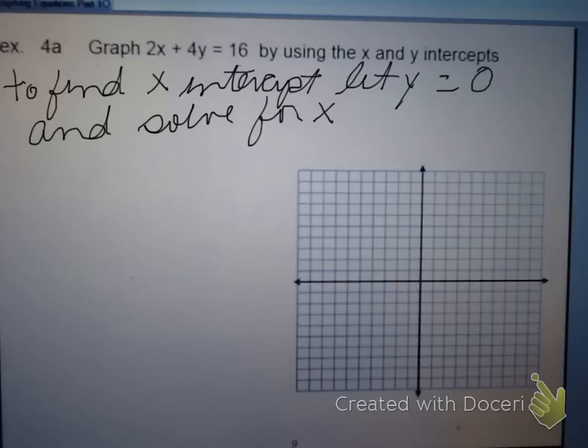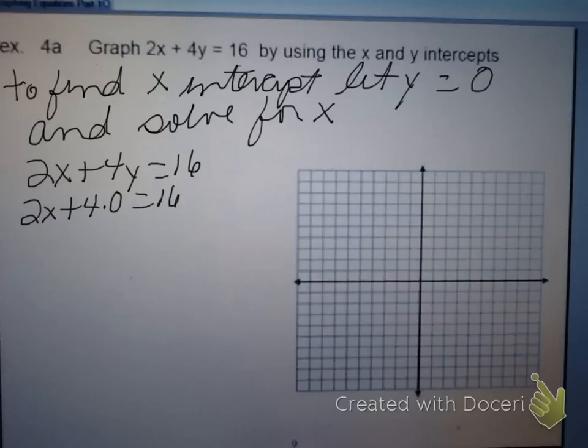So that's 2x plus 4y is equal to 16. It says let y equal 0, so that's 2x plus 4 times 0 is equal to 16. 4 times 0 is 0. So that's 2x is equal to 16. Divide by 2. X is equal to 8. You must give me it in ordered pair. 8, and what is y? 0.